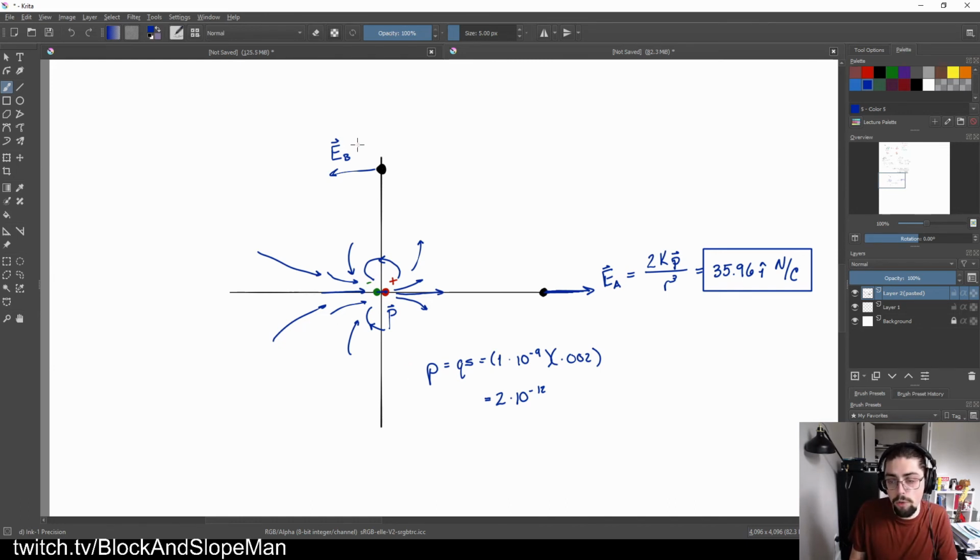And that's why when we're talking about the bisecting axis, it's a negative kp over r cubed. Plug all the numbers in and we should find something like negative 18.98. Don't forget that negative sign, j hat, newtons per coulomb. So, I'll box that in too.